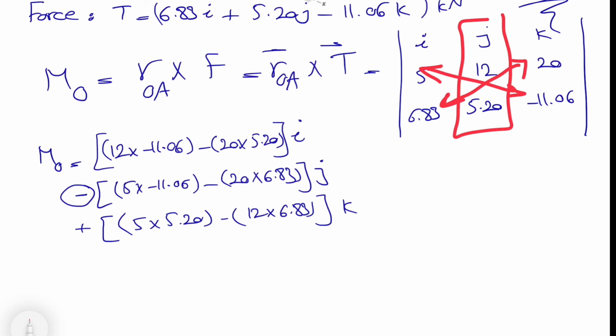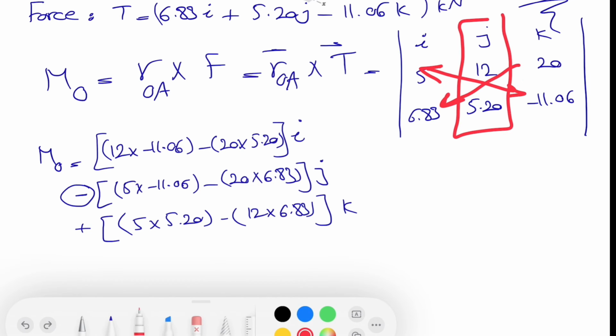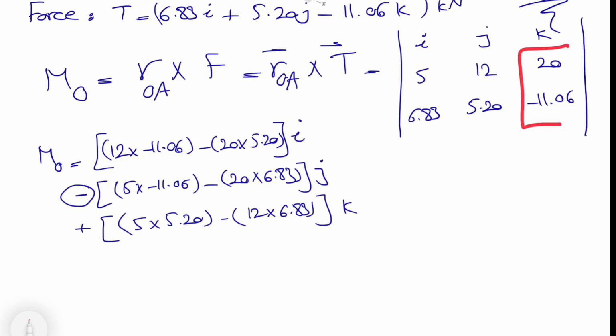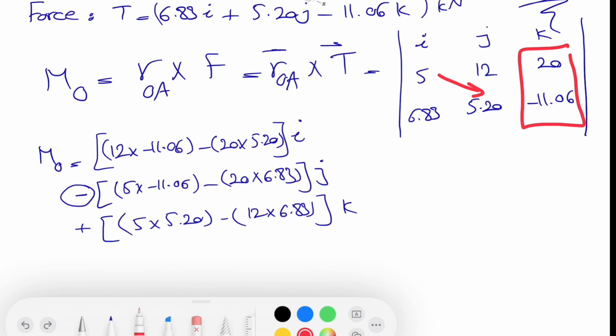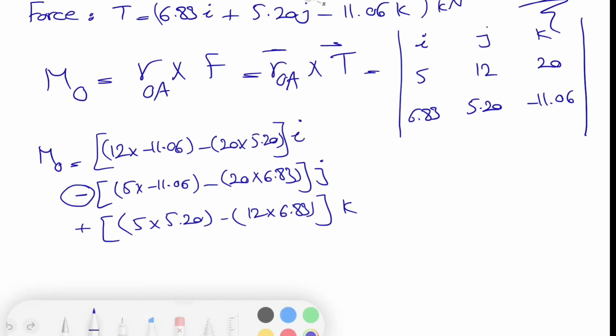If you want to find J component, again, we cover J. We have 5 times minus 11.06 minus 20 times 6.83. That would be our J. And lastly, for the K, we're going to cover K. And we have 5 times 5.20 minus 12 times 6.83. And that's how we can find the determinant.